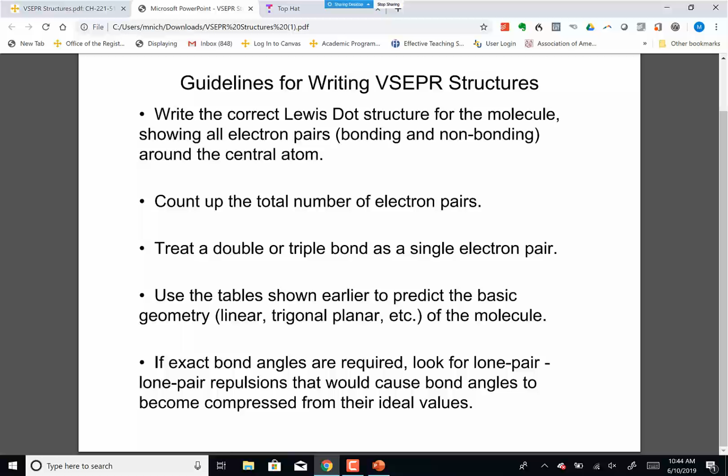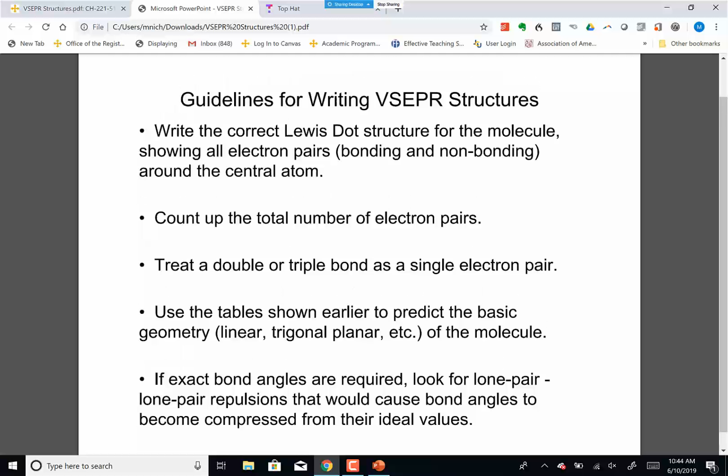So let's just quickly go through the guidelines. Before I can get a shape, I need a legitimate resonance structure, or a legitimate Lewis dot structure. Number one, get the correct Lewis dot structure.